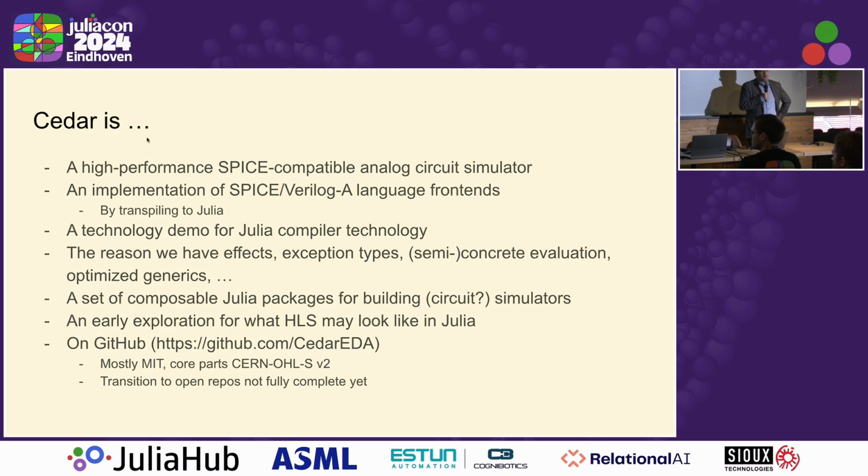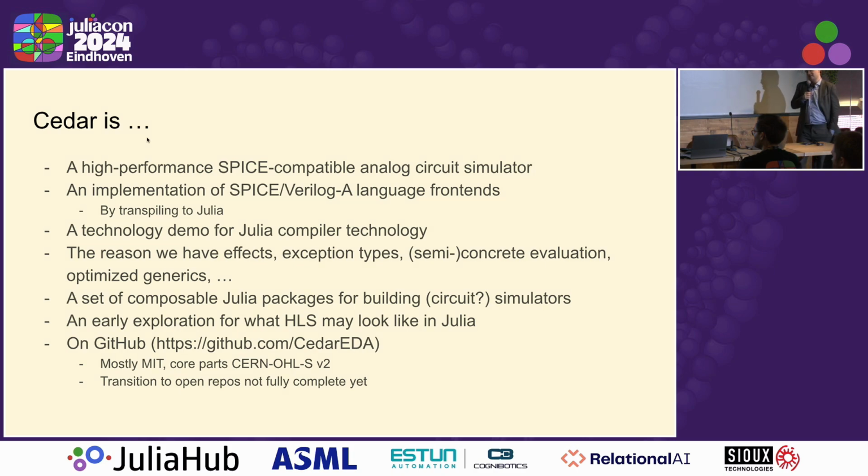You can think of Cedar as an implementation of multiple programming languages common in this domain, Verilog-A and SPICE in particular. You can think of Cedar as a technology demo for using the Julia compiler technology to apply it to other programming languages.